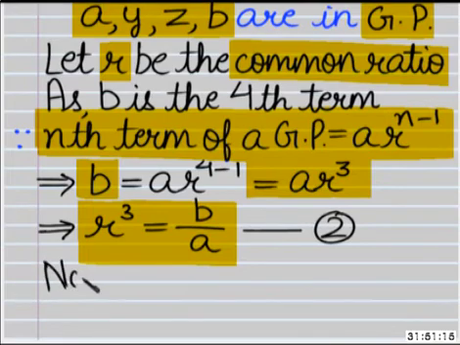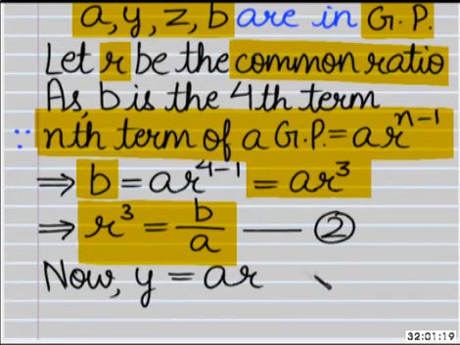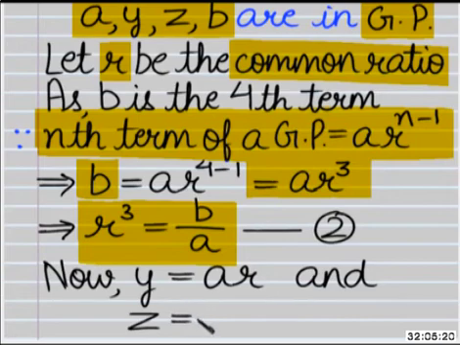Now, y, that is the second term of the GP, will be equal to A into R, and z, that is the third term of the GP, will be equal to A into R raised to the power 2.